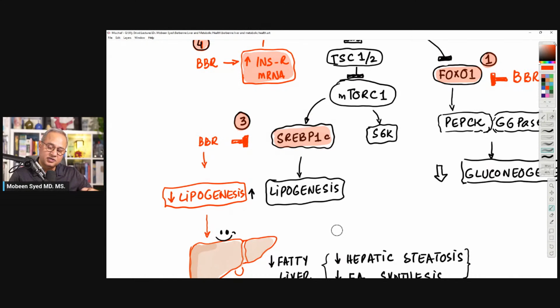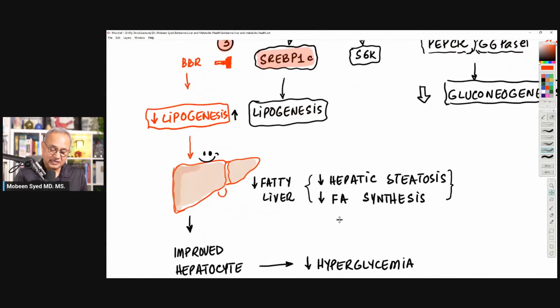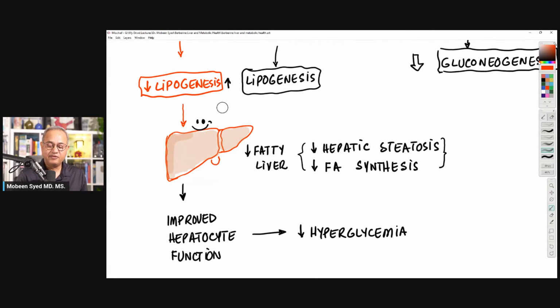That enzyme's reduction reduces the fatty acid synthase enzyme, which then reduces fatty acid synthesis, or production of the fatty acids. When fatty acids are less produced, we have less lipogenesis. We have less lipid production. We have less hepatic steatosis. Hepatic steatosis is fatty liver.